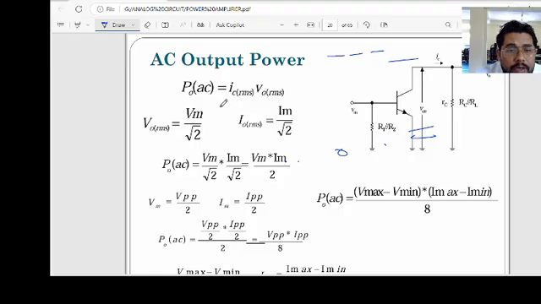Put this value here. So VM into VM, root 2 into root 2, so maximum voltage into maximum current divided by 2 gives the AC power.